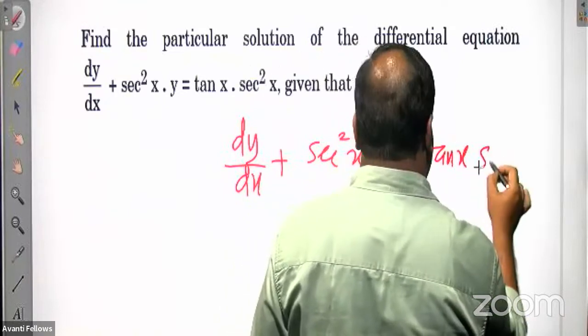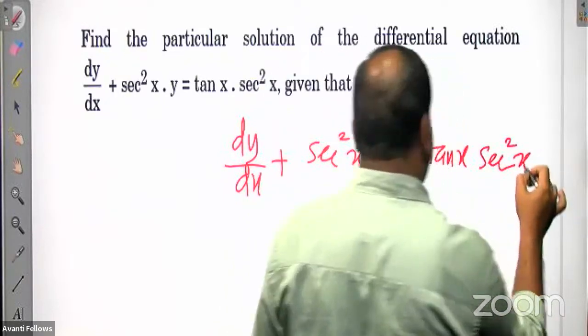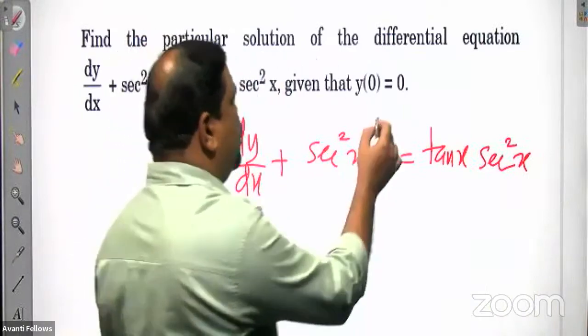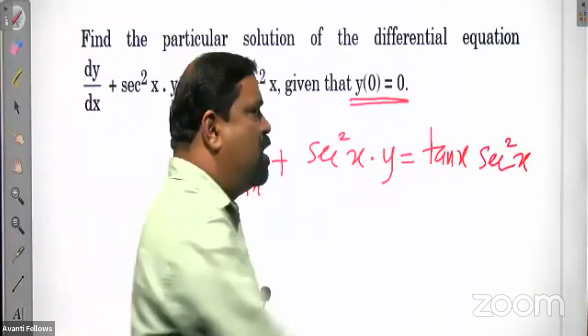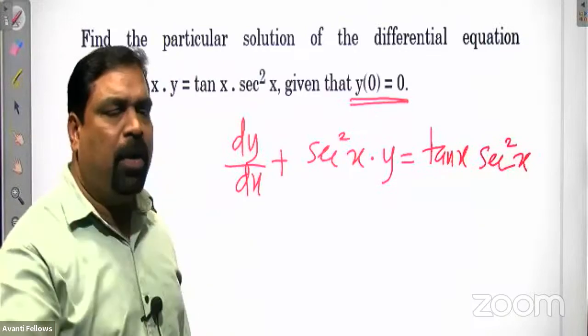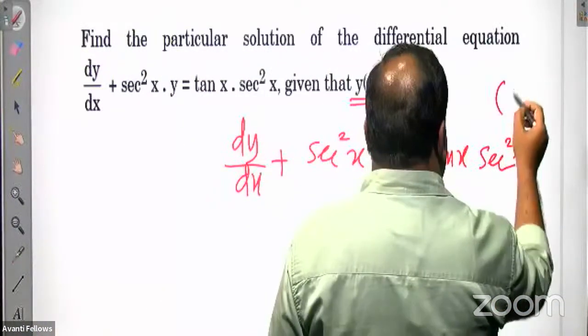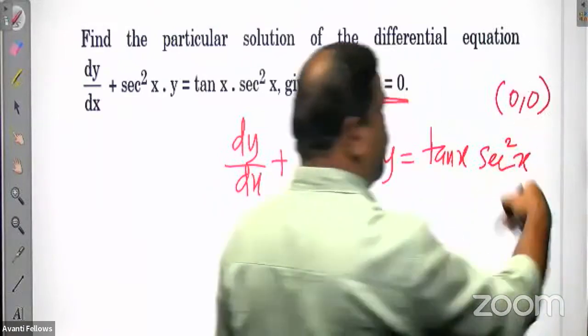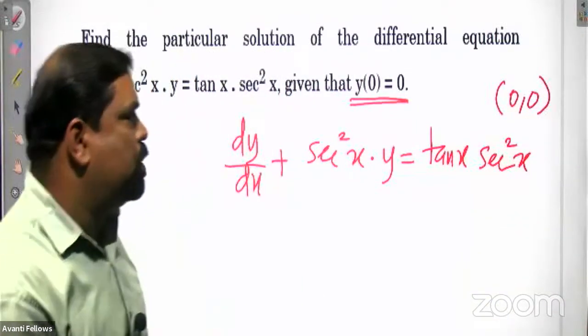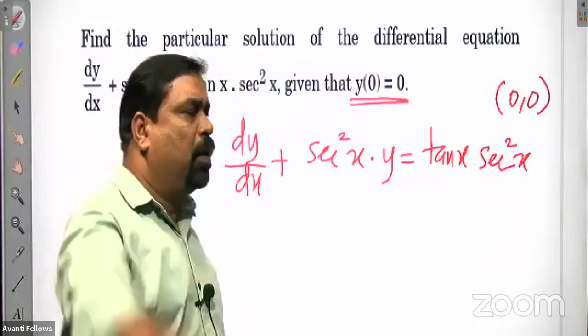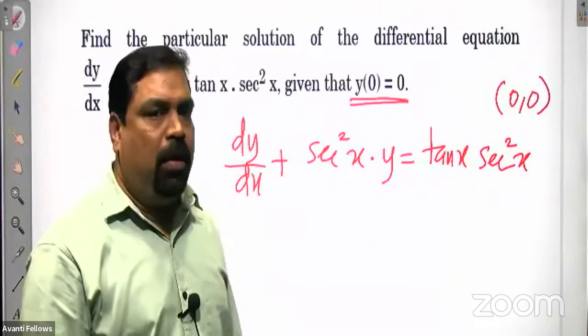One condition is also there: y of 0 equal to 0 stands for when x equal to 0, y is equal to 0. Otherwise, the particular solution curve passes through the point (0, 0). That is to be used at the end to find the constant c.